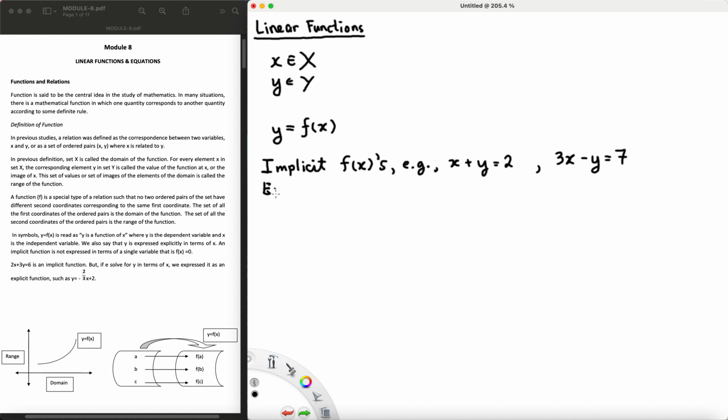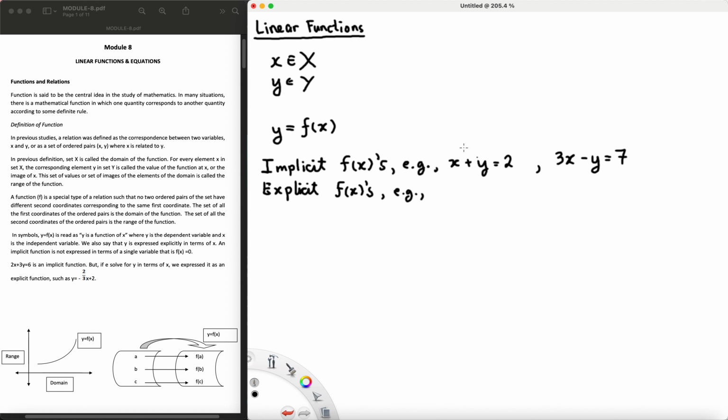So for you to see it clearly, we're going to convert x plus y equals 2 into an explicit function.